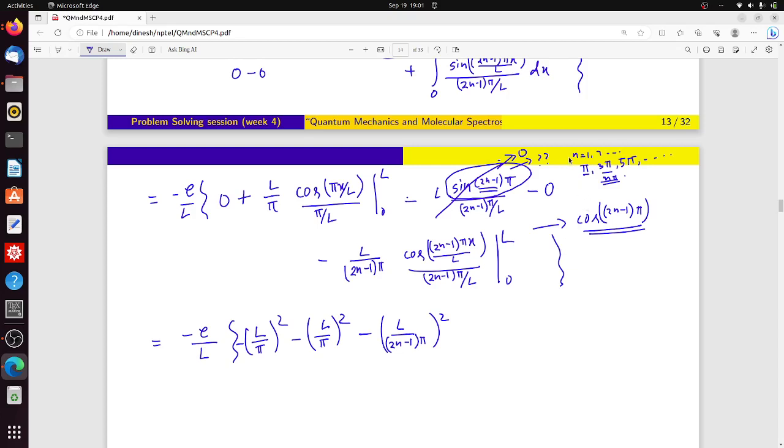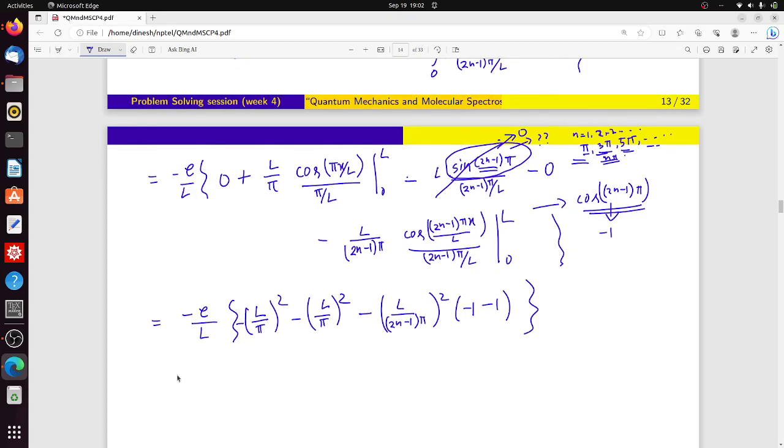See, I have given you a hint here. If you put n values 1, 2, 3, minus 1, sir. Yeah, this will give me minus 1 because it will always be an odd integer of pi. Then it will give me minus 1. Okay, now if I put 0, then cos 0 is 1. So this is minus of 1, right?